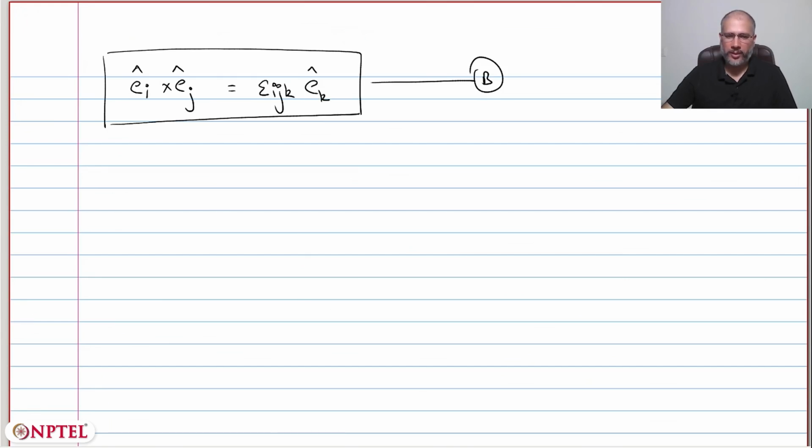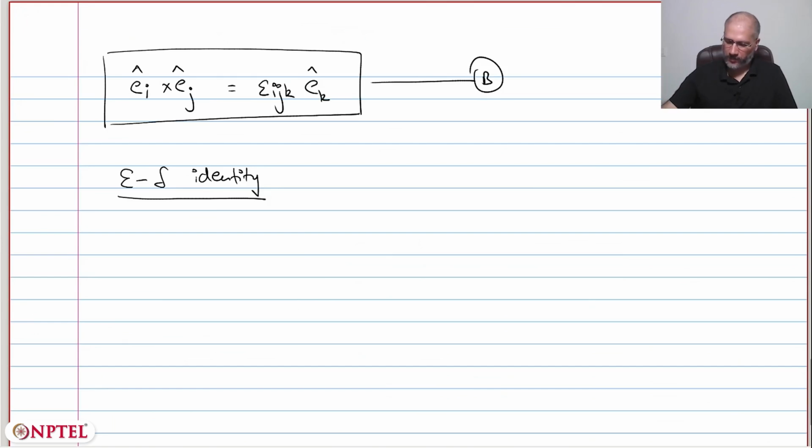And this is where the epsilon-delta identity will help us. This identity links the products of epsilon to products of delta, which greatly helps us simplify expressions. And of course, epsilons appear as a result of cross products between different vectors and tensorial quantities.